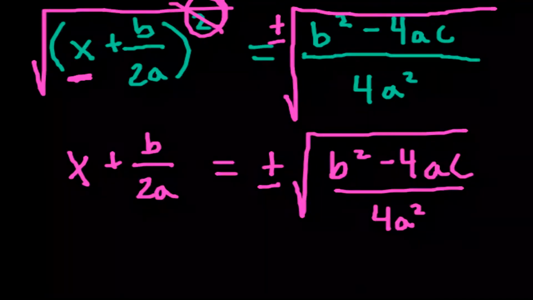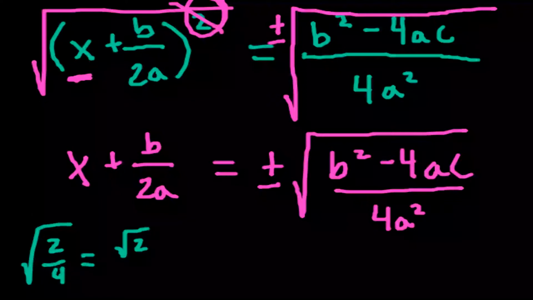In fact, x is not by itself, and also I have this 4a squared in the denominator that happens to be a perfect square. When we're taking the square root of a fraction, again, this is me throwing out a whole bunch of things that we haven't reviewed this year, but you might remember when you take the square root of a fraction, like the square root of, let's say, 2/4, you can split that into the square root of 2 over the square root of 4, where we're actually separating the square roots.